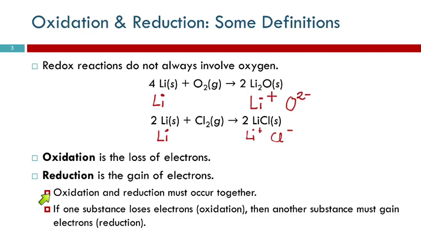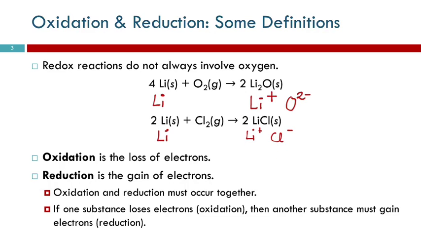These must occur together. If one loses electrons, another one has to gain electrons. There's no electron bank, there's no electron homeless shelter where you can drop off unwanted electrons. They have to go from one substance to another. So these always are paired. So what's happening here, lithium is being oxidized, so the chlorine is being reduced. Here we have a chlorine molecule with no charge, and here we have chlorine ions that have a -1 charge.